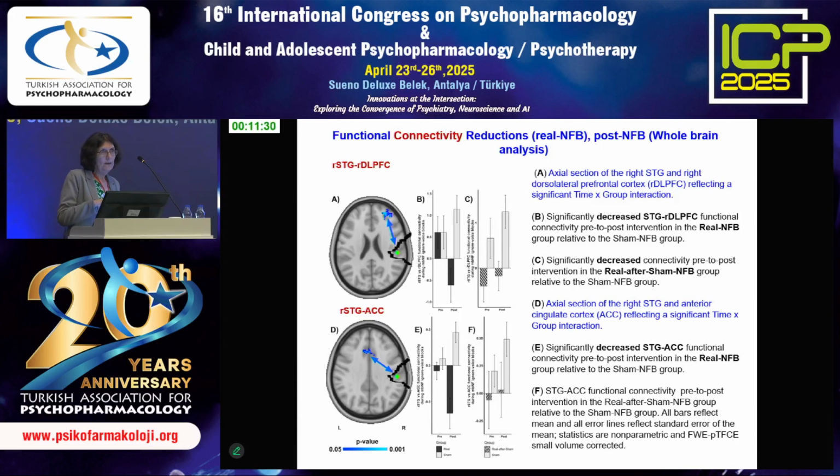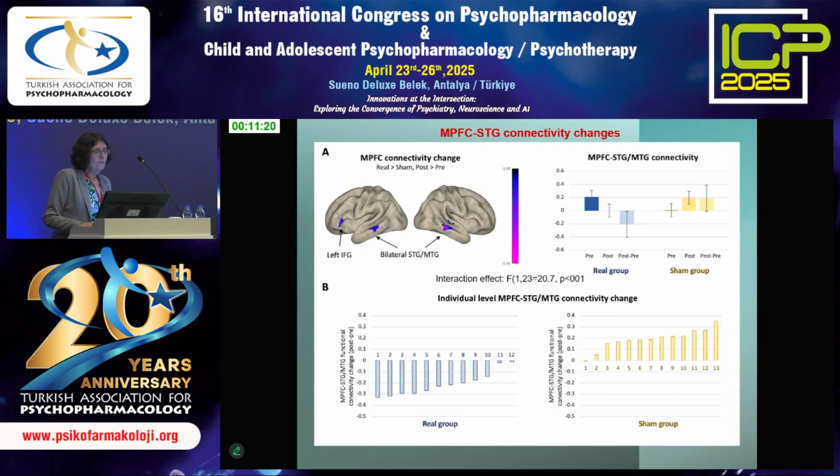And again, when we switched, a similar pattern emerged for the sham group as for the real group. Finally, we also looked at the connectivity changes between MPFC and STG, which again existed for the real group, but not really for the sham group.